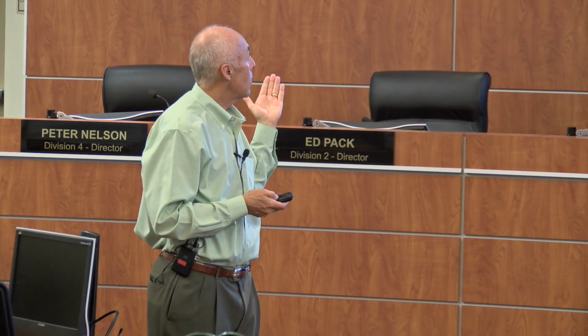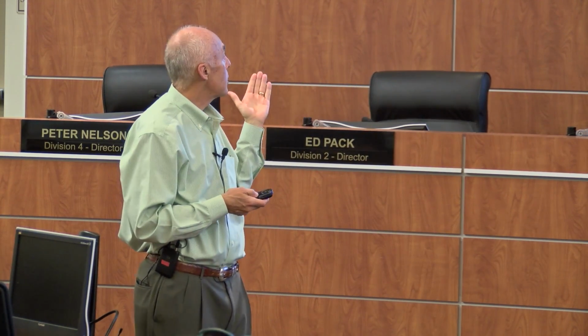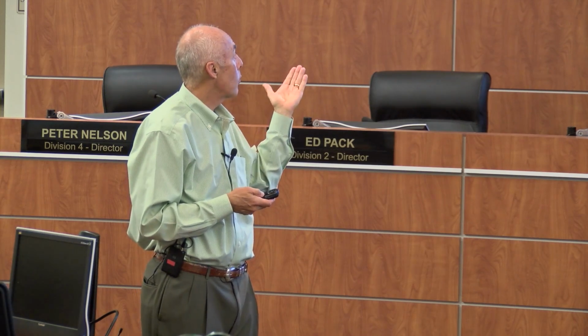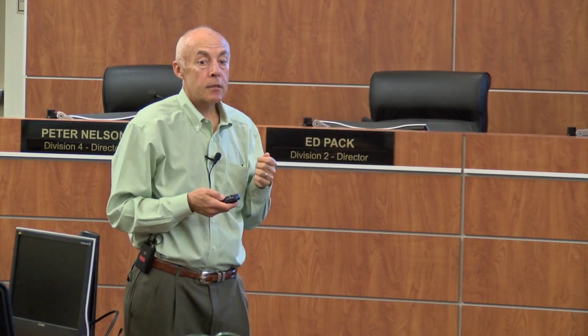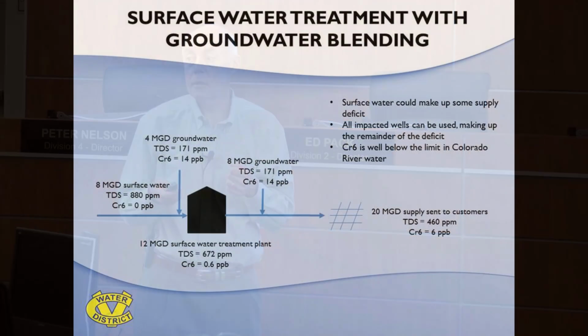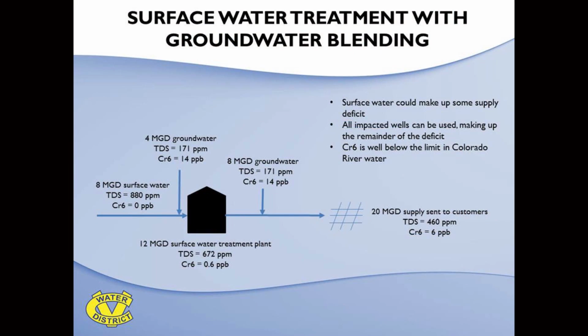And you'll notice, as we go through this chart, the chromium level in the Colorado River water is 0. The chromium in this example for the well water is 14 parts per billion. So in a sense, what we're doing here is treating the surface water and the groundwater to remove some of that chromium in the groundwater.